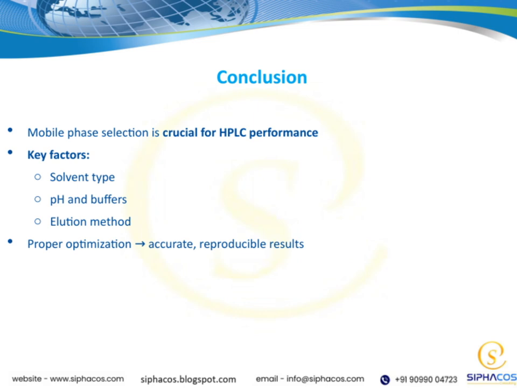Next, the elution method plays a significant role, whether it's isocratic or gradient, as it impacts the resolution and analysis time. And of course, proper optimization of all these parameters is essential to obtain accurate and reproducible results. Ultimately, paying close attention to these details ensures that our HPLC runs are reliable and meaningful, supporting the overall goal of precise chemical analysis.